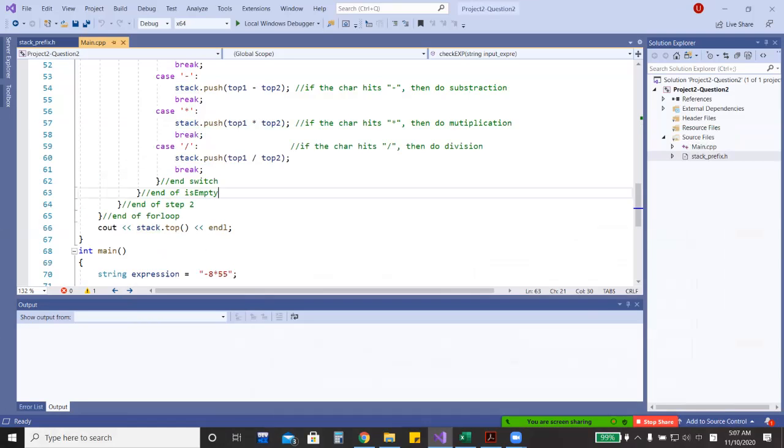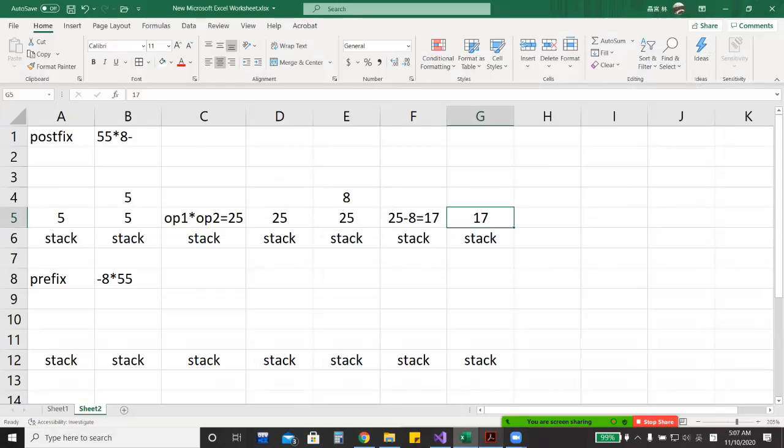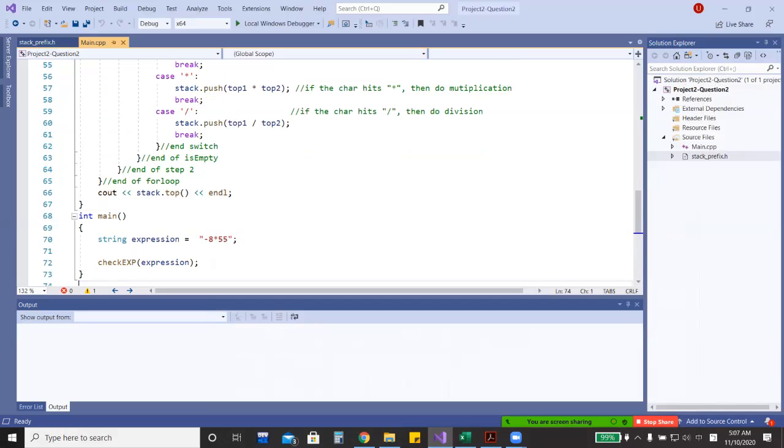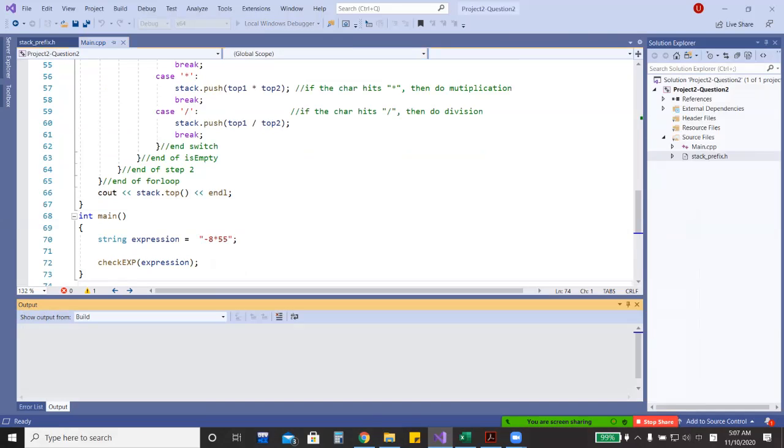After all of this, I'll just print out the stack top. For this expression, I should be able to get 17. Let's run this code to see if I got 17 or not.